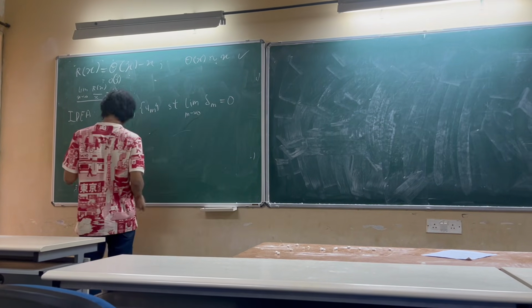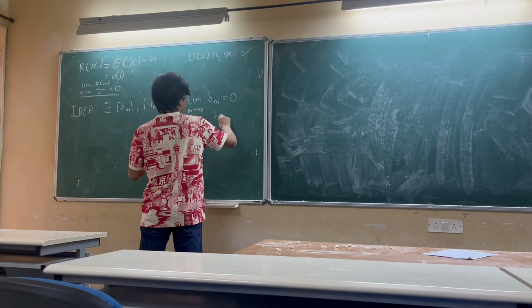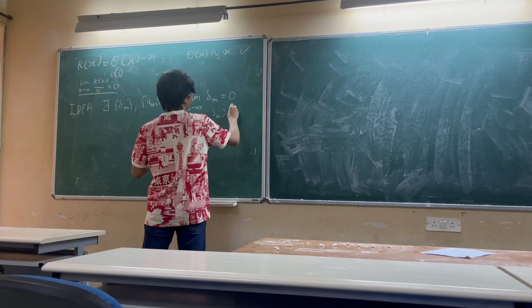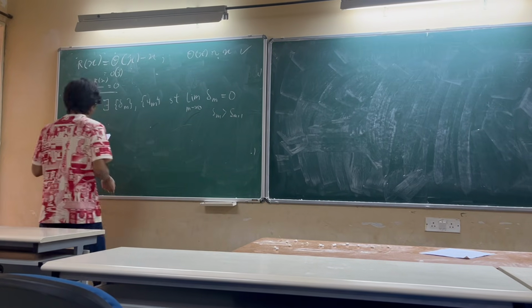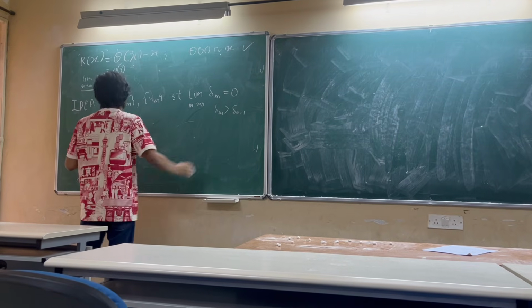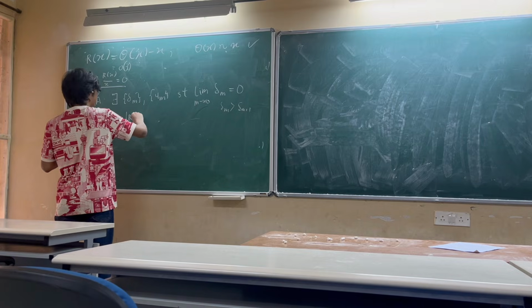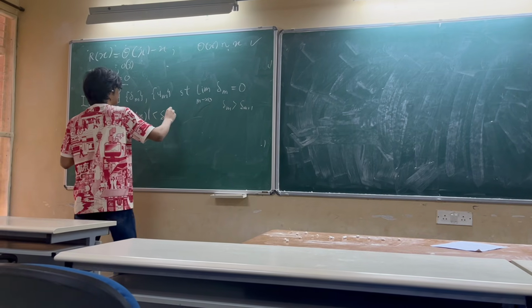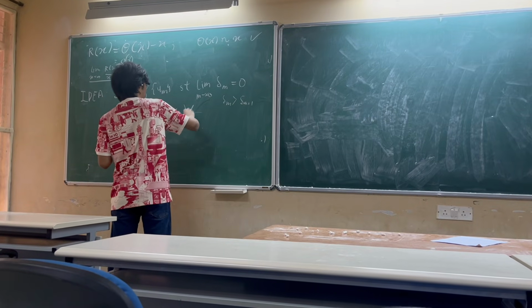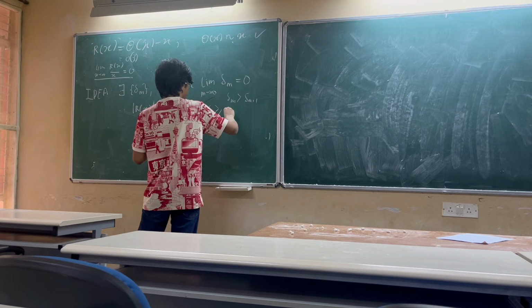Delta m should be a strictly decreasing sequence, and the limit of delta m should be 0, and the modulus of R of x is less than delta m multiplied by x for all x greater than or equal to u m.